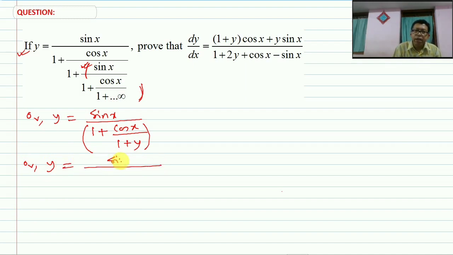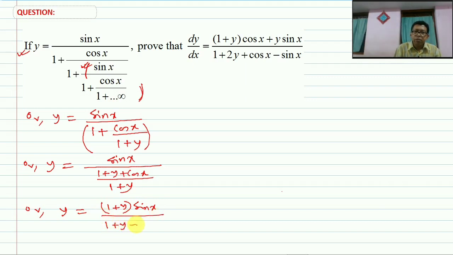Sin of x and 1 plus y plus cos of x. Okay, so y is equal to 1 plus y into sin of x divided by 1 plus y plus cos of x. So cross multiply.